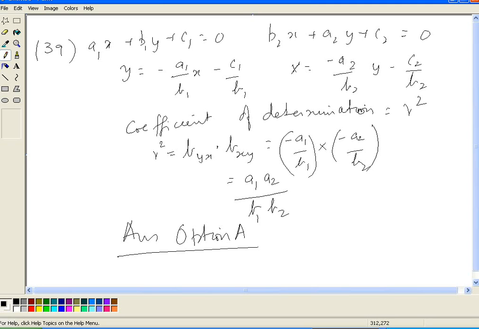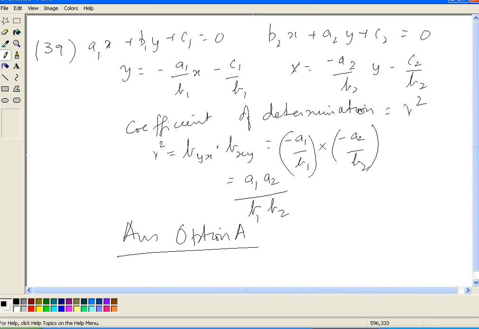We know that in the first case, y is expressed in terms of x, so the regression coefficient byx is minus a1 by b1, and the regression coefficient of x on y, that is bxy, is given as minus a2 by b2.